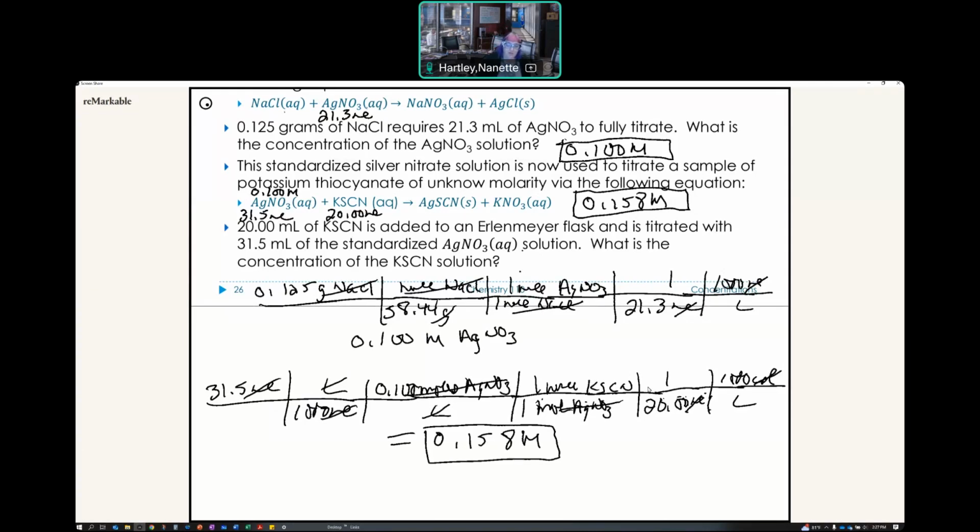From moles of A to moles of B, whatever relationship that is, we use the stoichiometric coefficients in the balanced equation to figure that out. Then from moles of B to molarity by dividing by the volume, or to mass by multiplying by the molecular weight. So those are our scenarios so far.